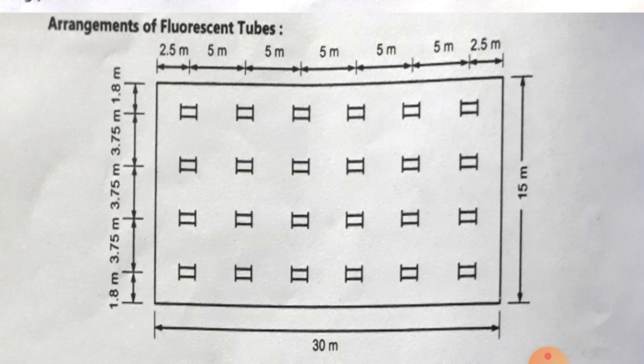So the space between the two twin sets is 3.75 meter. So the configuration shows 6 in the length side and 4 in the width side. So 6 into 4, 24, and each contains 2 tubes. Therefore 24 into 2, 48 tubes are placed in that layout.